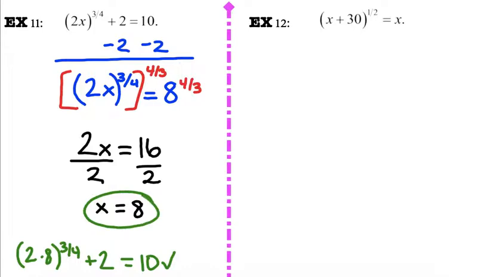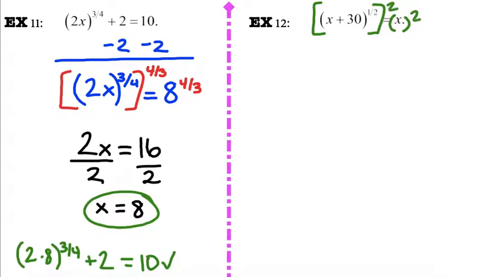Let's try another one. On this one, I don't have a number behind or in front of my parentheses, so I can go directly to taking both sides to the reciprocal power. The reciprocal of 1/2 is 2, so I'm going to take both sides to the second power.